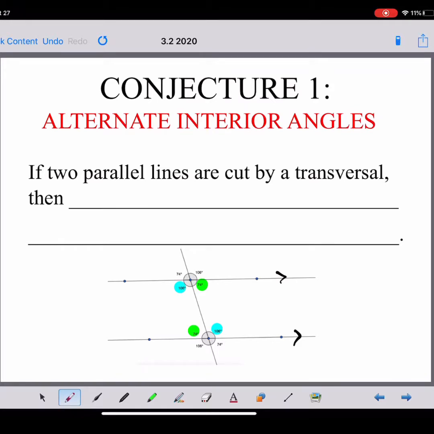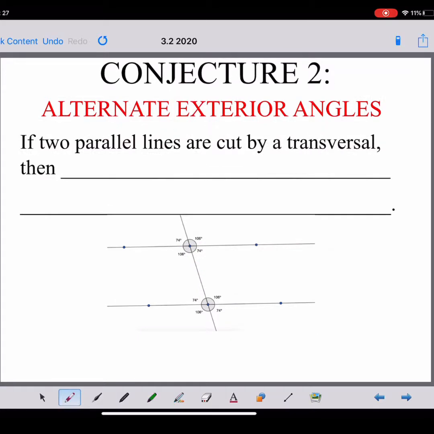If two parallel lines are cut by a transversal, then alternate interior angles are congruent. This isn't just a conjecture based off of one example. This is a proven theorem. So it is true: if these two lines are parallel, alternate interior angles will always be of equal measure.